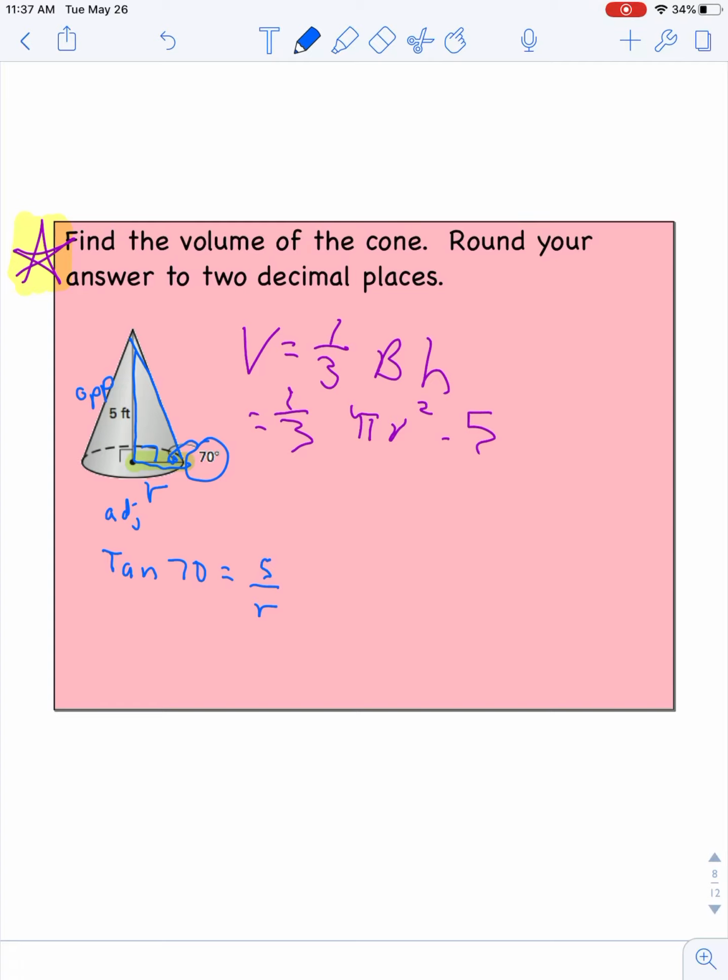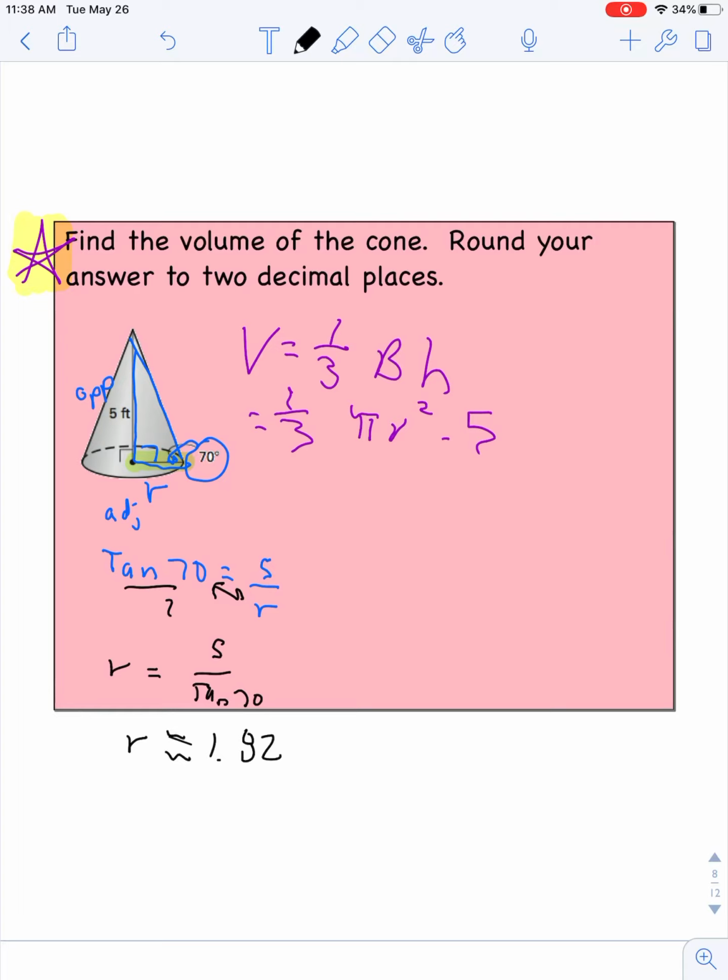Now I'm going to use the means exchange, and if I exchange these two, I end up with r is equal to 5 divided by the tangent of 70, which is approximately 1.82.